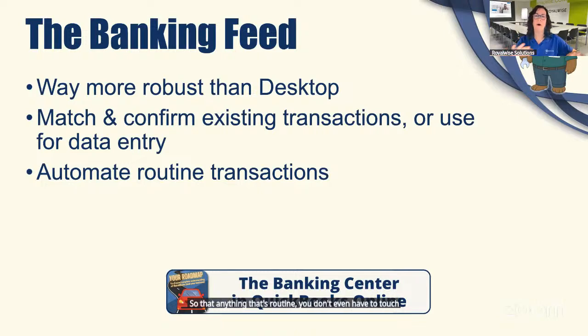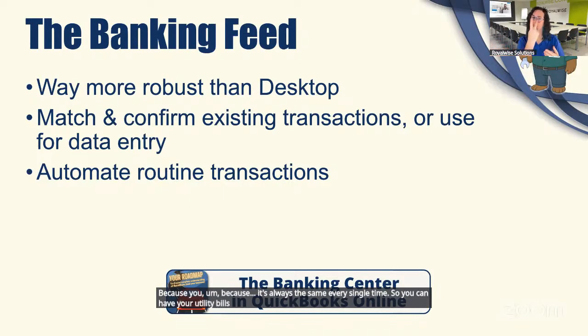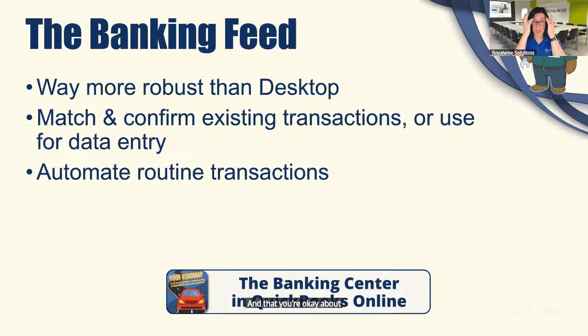You can have it automatically categorize it and you still approve it, or you can even have it just automatically add itself straight to the ledger because it's always the same every single time. So you can have your utility bills go straight through, anything that you don't need to keep an eye on and that you're okay about it being routine.